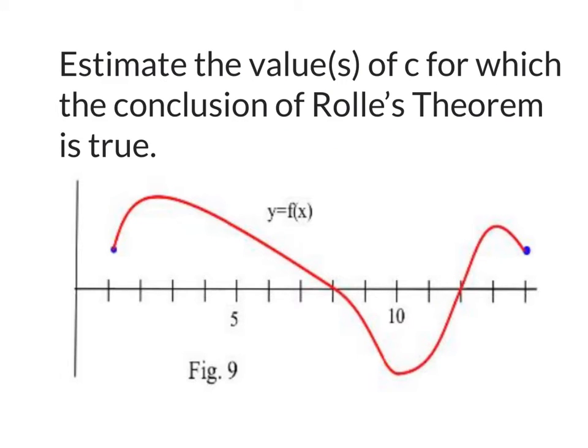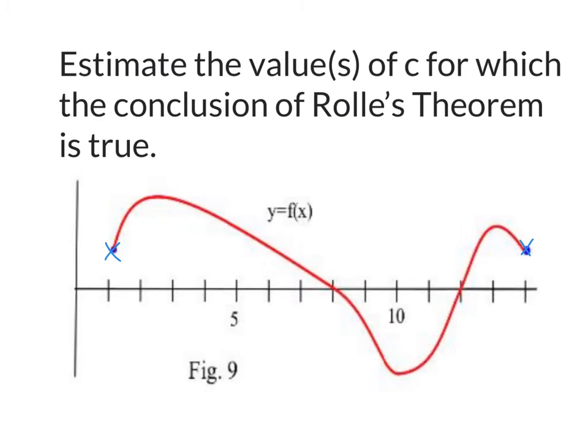So here's a graphical interpretation of what Rolle's theorem says. It says estimate the values of c for which the conclusion of Rolle's theorem is true. So here's my function, and notice the outputs are the same here. So that checks out, and it is a continuous function, and you're able to find the derivative throughout the whole graph, so it is differentiable.